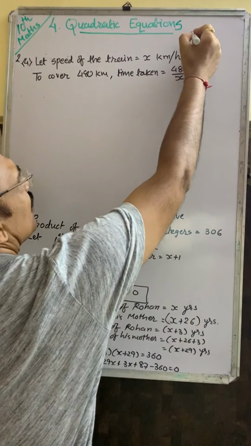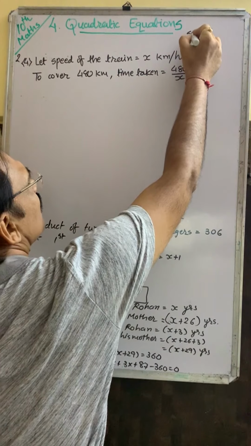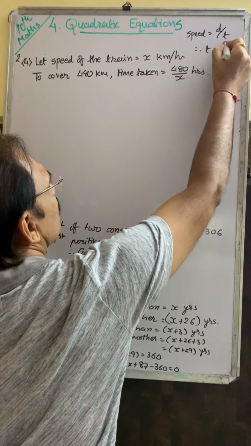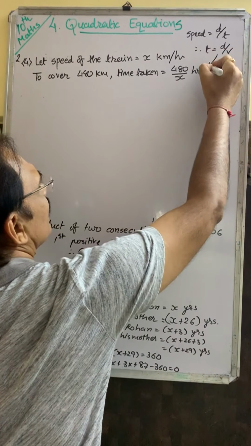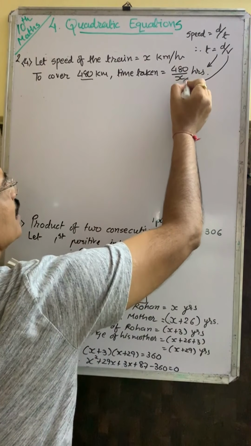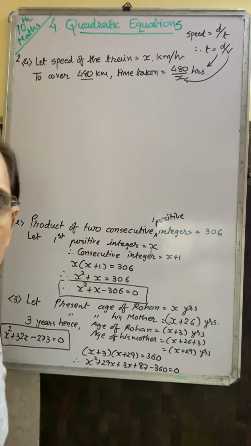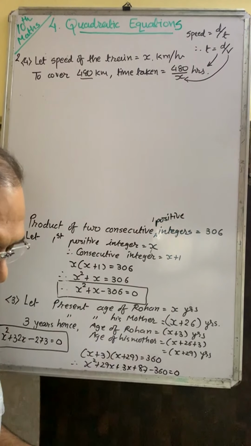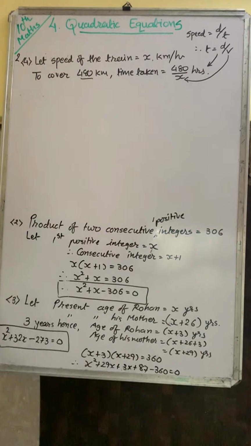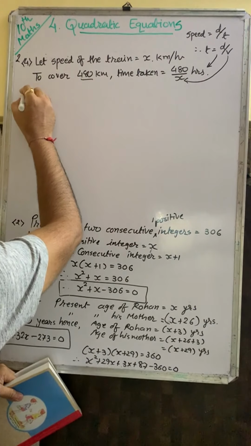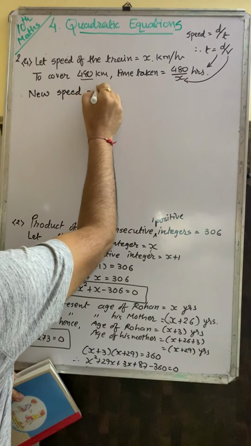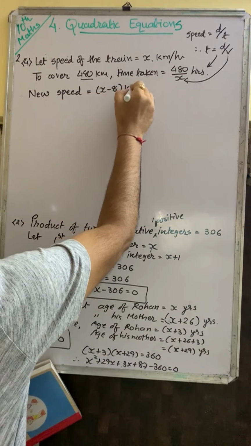You know that speed equals distance upon time, therefore time equals distance upon speed. So here the distance covered is 480 in the numerator and speed is, we suppose, x. So 480 upon x hours. Now if the speed had been 8 km per hour less, the new speed decreases to x minus 8 km per hour.